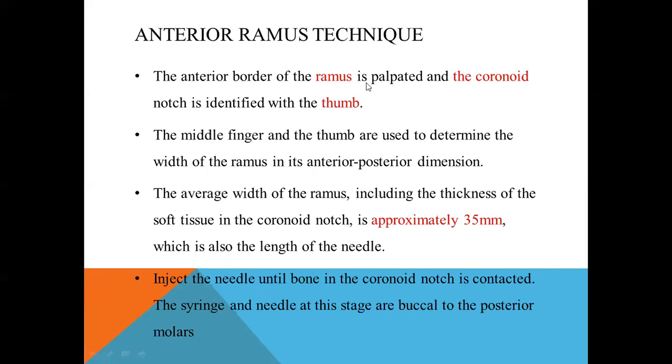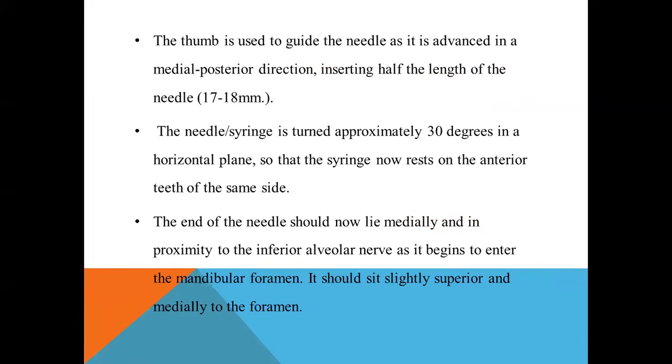Remember, there is another technique called anterior ramus technique, where the anterior border of the ramus is palpated, and the coronoid notch is identified with the thumb. The middle finger and thumb are used to determine the width of the ramus; the average width of the ramus including thickness of soft tissue is 35 mm. Insert the needle until you palpate the coronoid notch. Syringe and needle at this stage are buccal to the posterior molar.